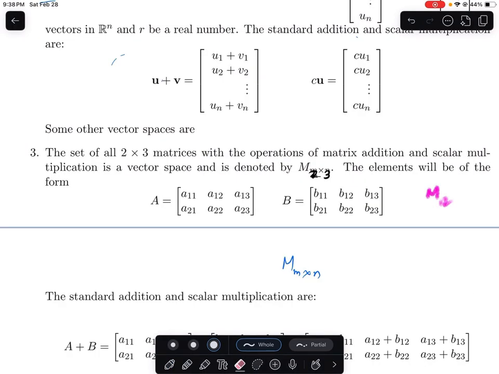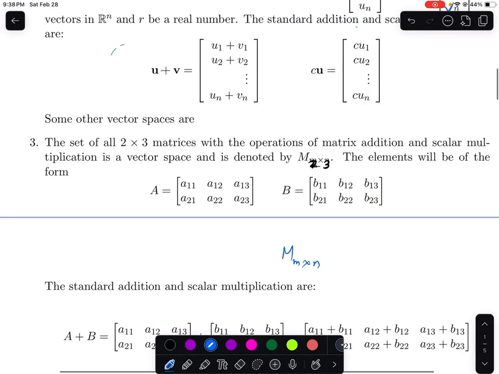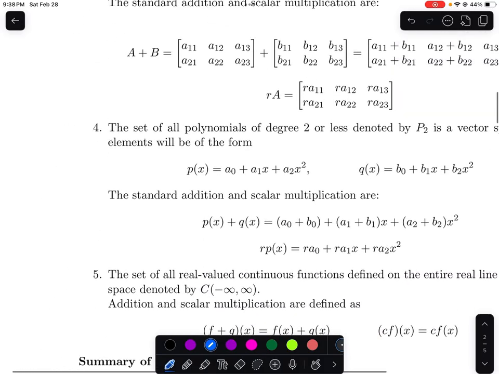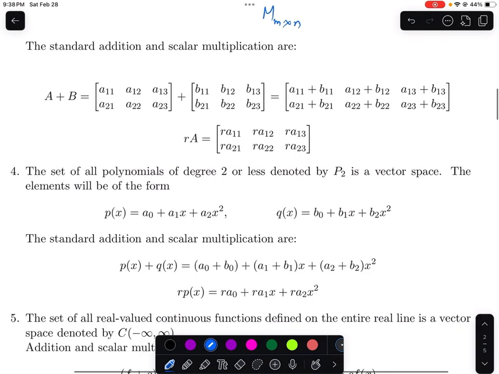So what is the standard addition and scalar multiplication for M 2, 3? I showed you here. If we have two matrices from the set M 2, 3, A matrix is this one and B matrix is this.